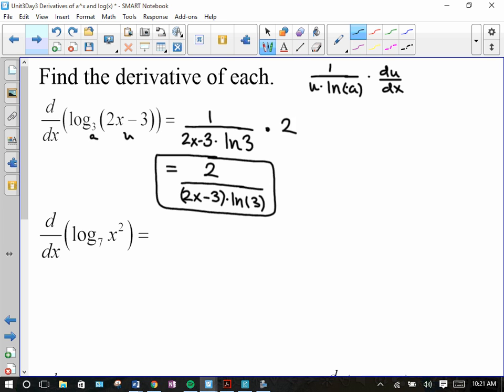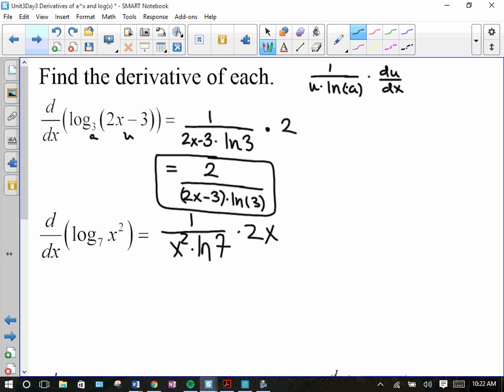Okay, so this one like this. What's a? 7. What's u? x squared. So it's 1 over x squared times the natural log of 7, times the derivative of this, 2x.